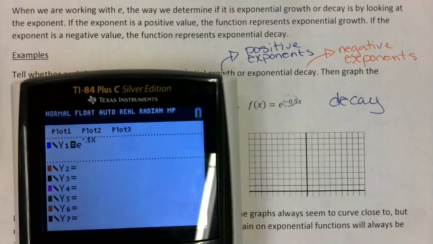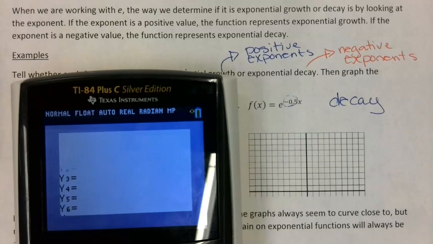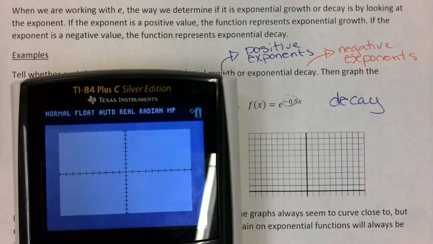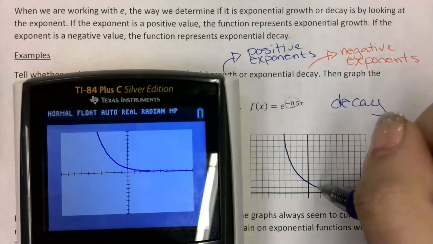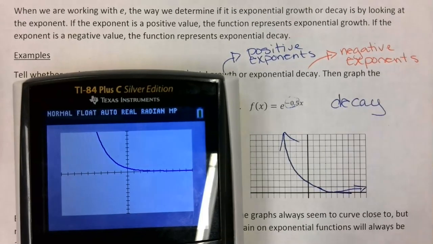Okay, so I type that in my calculator and I go graph it. Questions there?